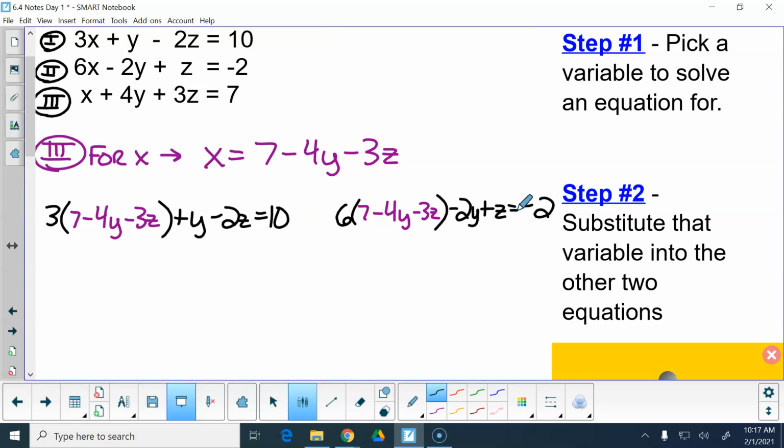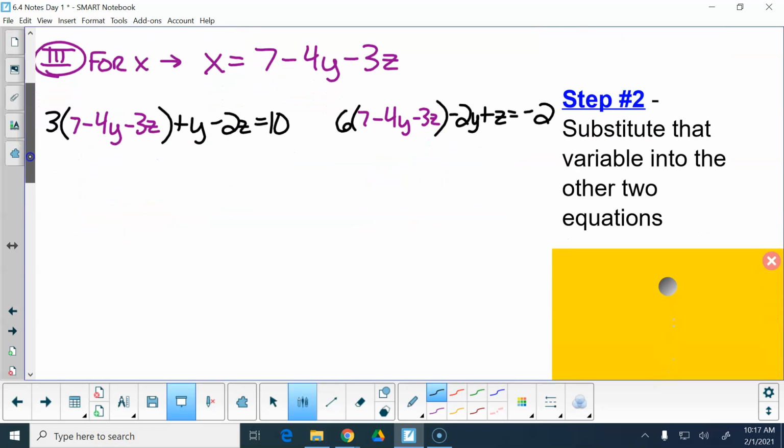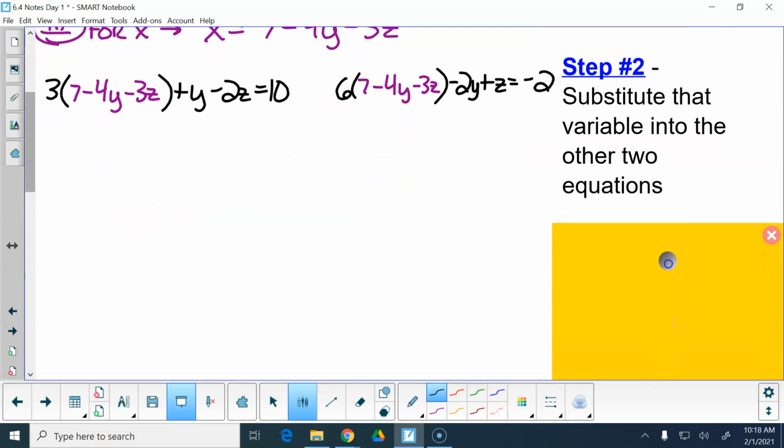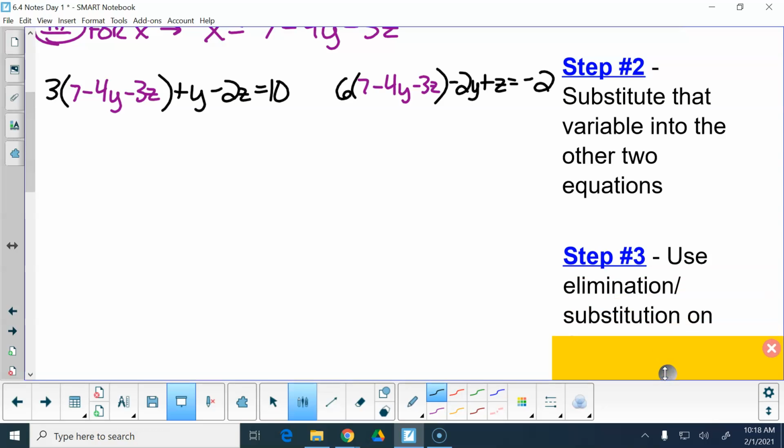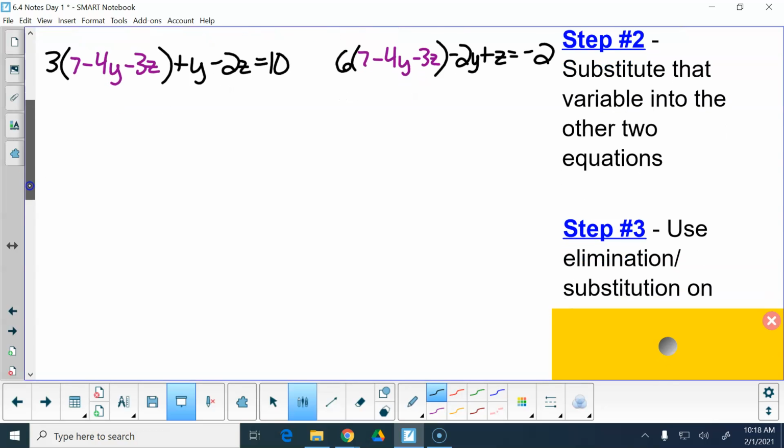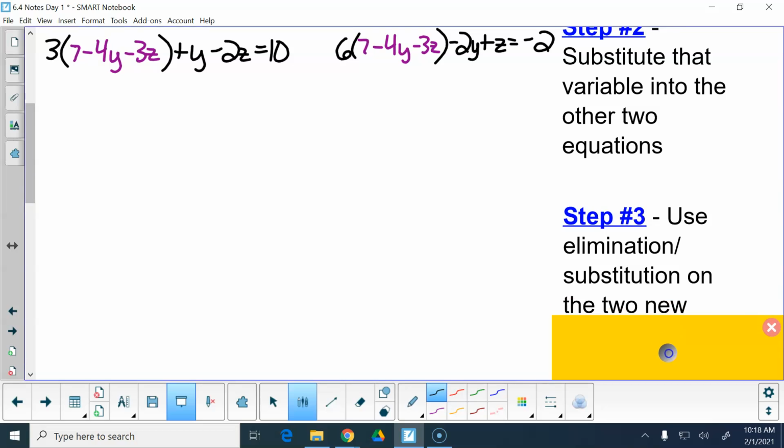We plugged it back in for x in the other two equations. Step number 3 says, now we've got two equations with two unknowns. So we're going to use either elimination or substitution on those.